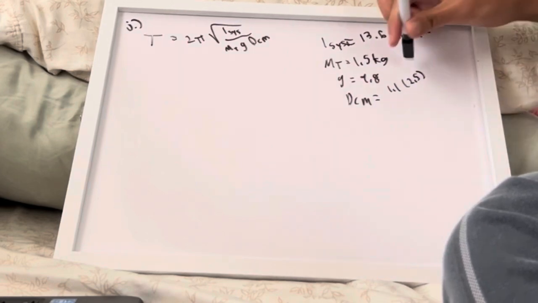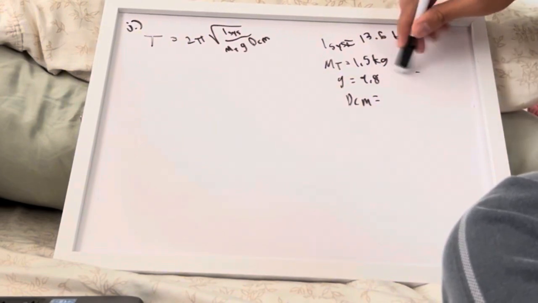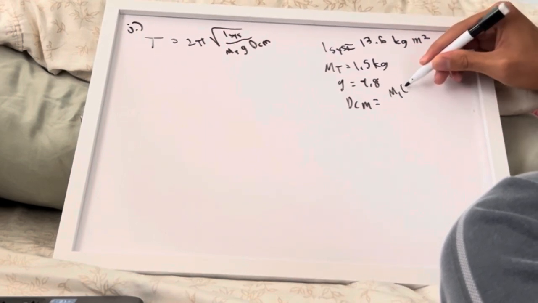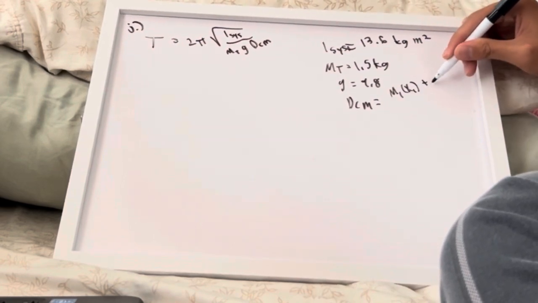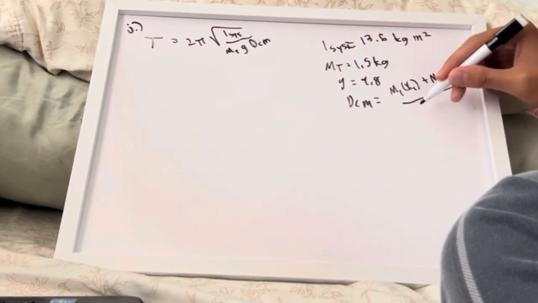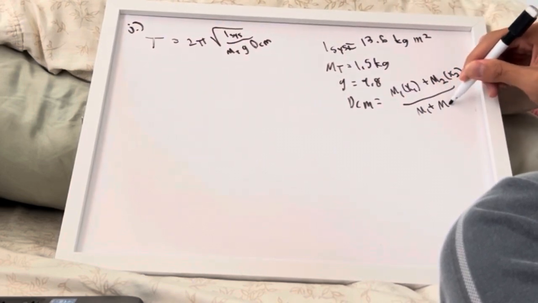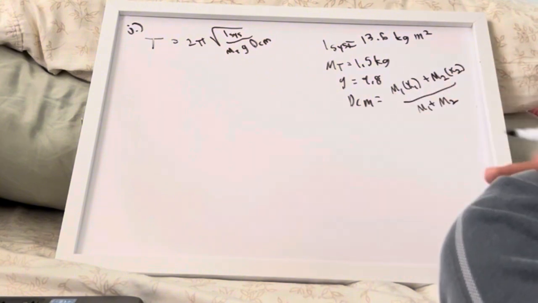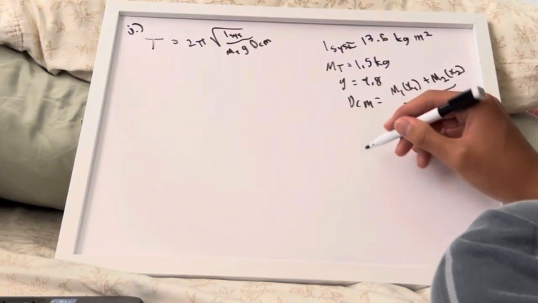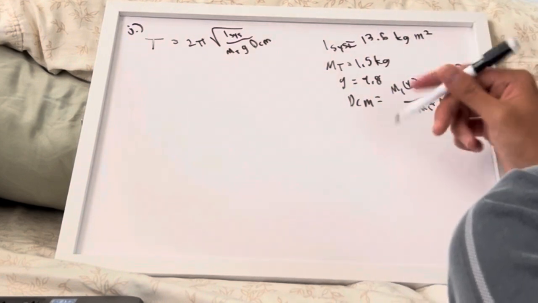Actually, I will write down the general formula for you. You're going to have the mass of the first object times how far it is down, plus the mass of the second object times how far it is to its center of mass, over the total mass, accounting for how many things there are. Since there's only two, this is going to be my general form.